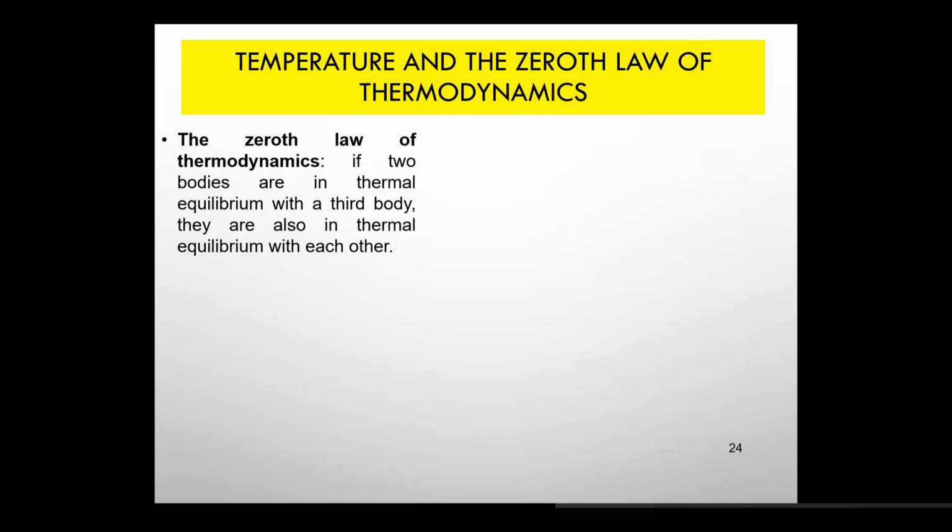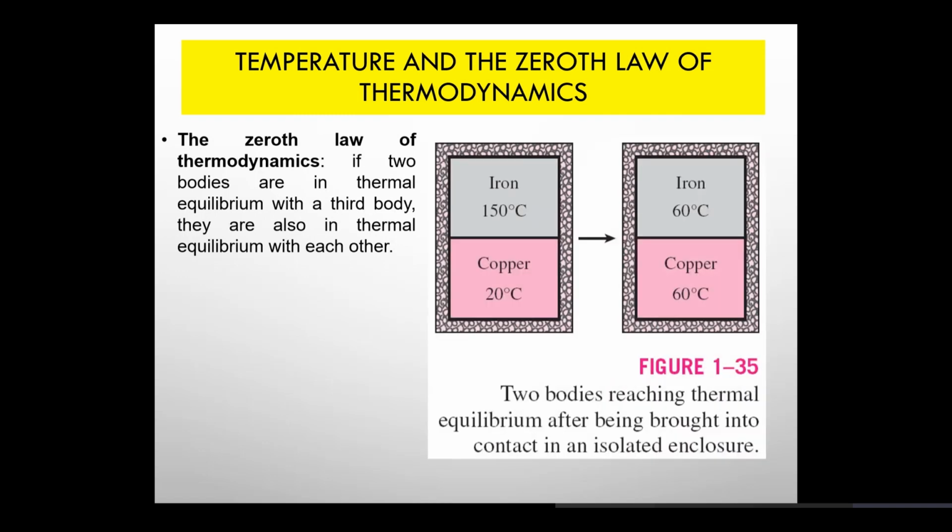Clear? Although they have not been in contact. Clear enough? We'll modify it a little, but this is based on the principle where two bodies at different temperatures, when brought into contact, would essentially achieve a similar temperature, that is, the thermal equilibrium.